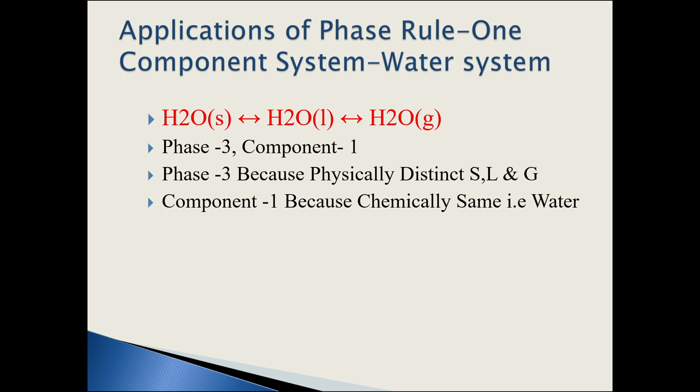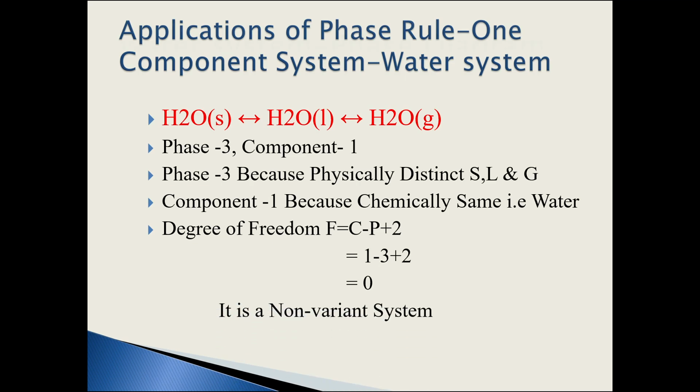So the phase value is 3. We put the component and phase values in the phase rule, F = C - P + 2, and the value becomes 0. So the system follows non-variant.